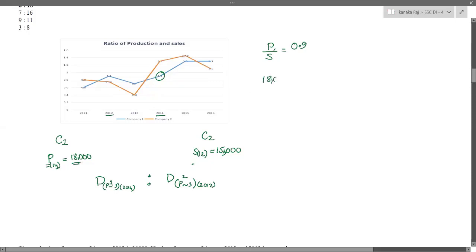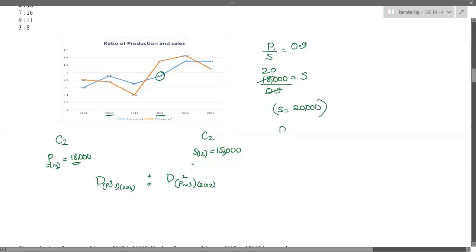So 18,000 will be equal to my sales, going on to the other side and 0.9 coming down. What do I get? 0.9 times 20 is 18, so my sales would be 20,000 for company 1.